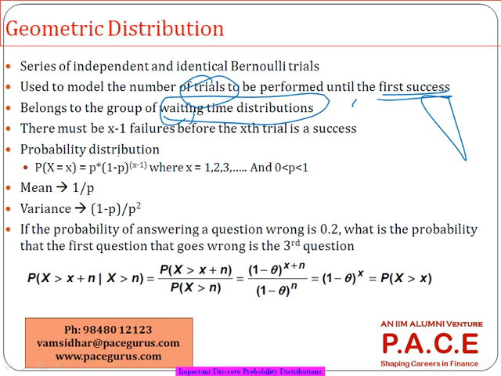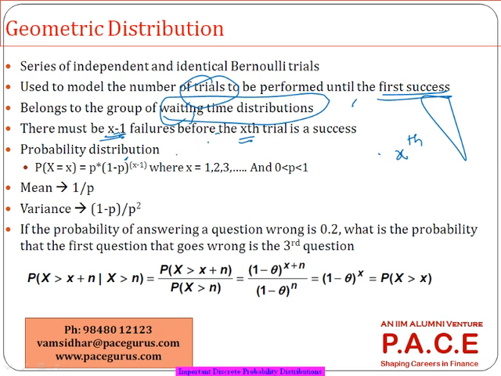So what we are saying is if my xth trial is a success, then all x-1 trials should be failures. So there are x-1 failures before the xth trial is a success.